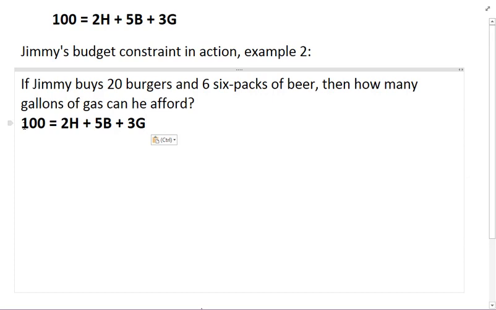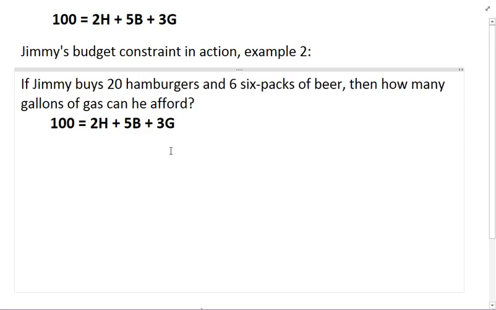Now we know the values for two of these things. The hamburgers, let me make that hamburgers. There's 20 of those. So this is H. Six packs of beer, that's B. We don't know gallons of gas. That's the question we're having to answer actually. What is G?